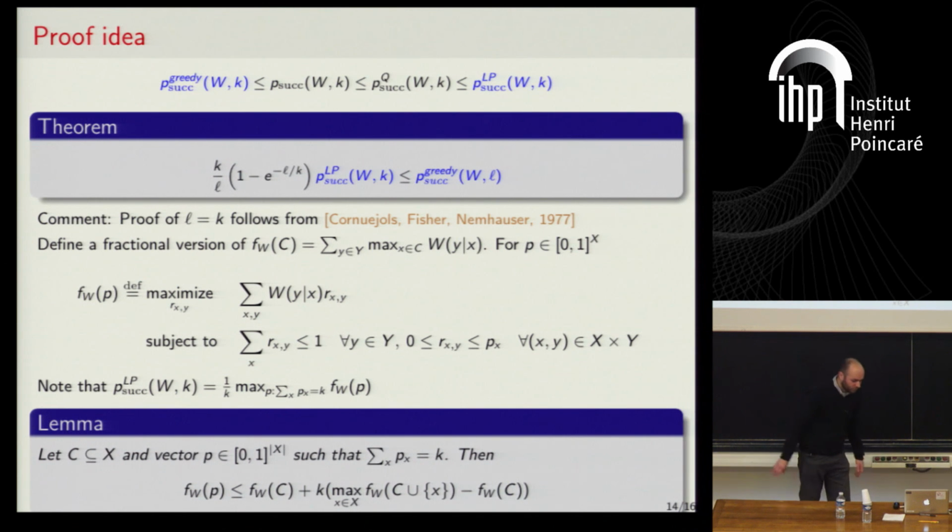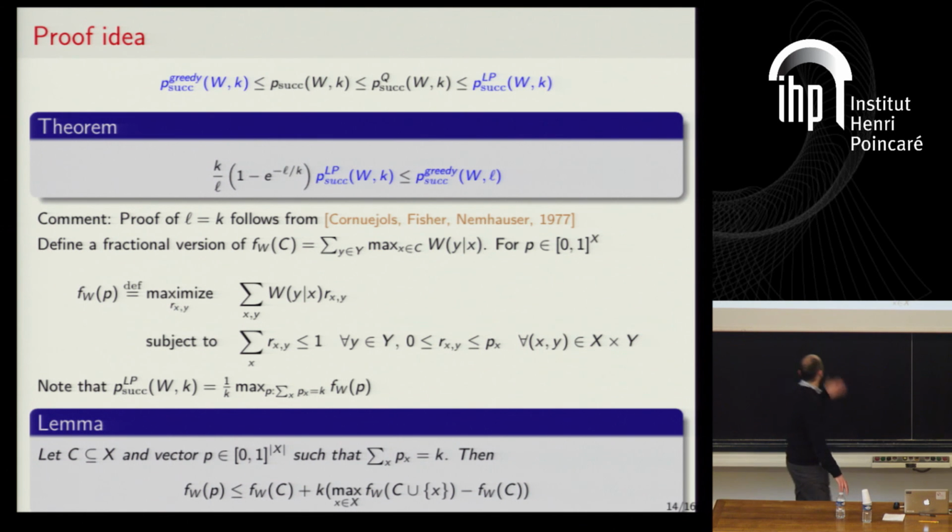And of course, the success probability for the LP is given by the maximization of this function fw. Instead of looking at just subsets of size k, you look at these fractional versions that sum to k.